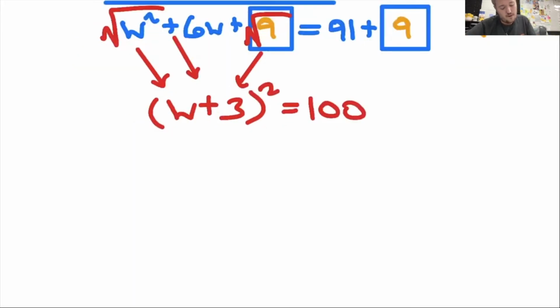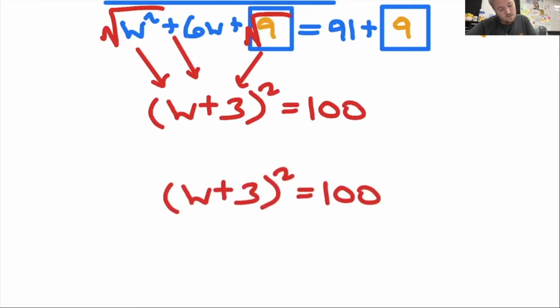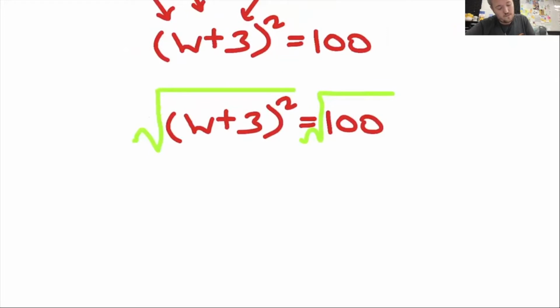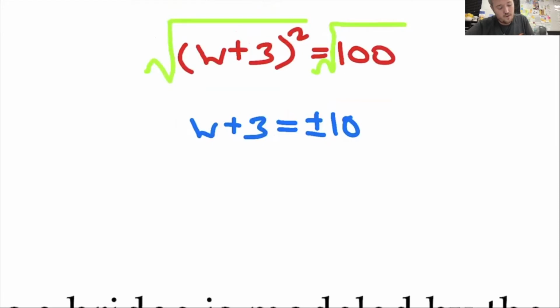All right, so now I want to solve this equation for W. In order to do that, I'm going to take the square root of both sides. So I'm going to have W plus 3 equals plus or minus the square root of 100, which is 10. Then I'm going to move over that 3.